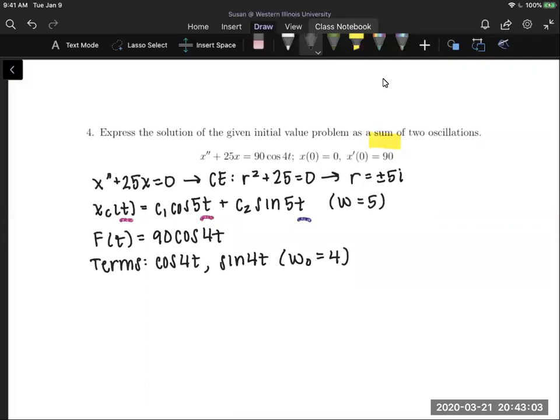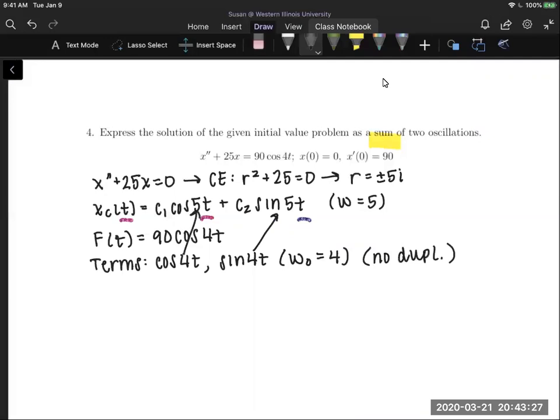Because those omegas are different, we don't have any duplication between the terms and x sub c. So no duplication. I really prefer that you get into a habit of writing this out, no duplication or duplication, to make sure that you're checking for that, to identify if you need to use rule 1 or rule 2 from section 3.5.